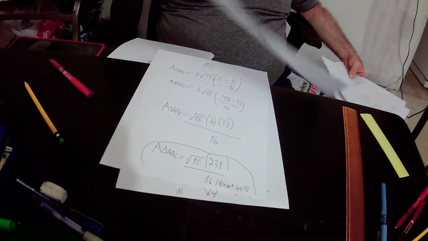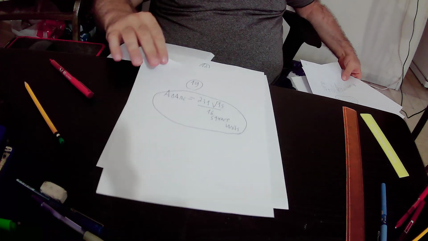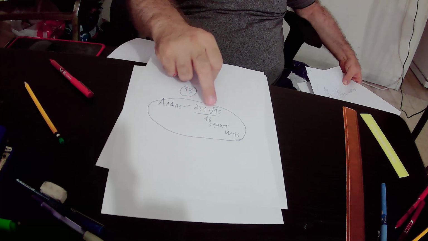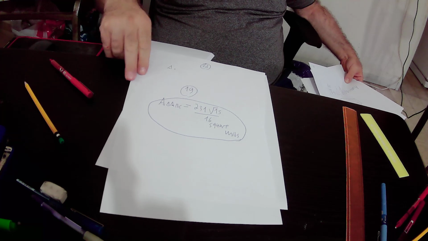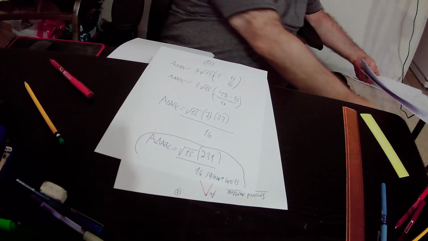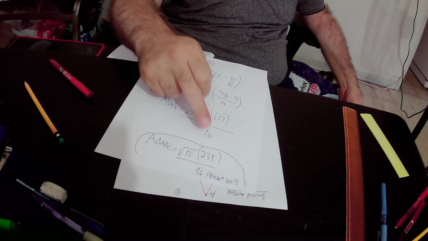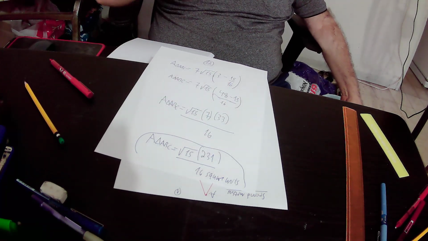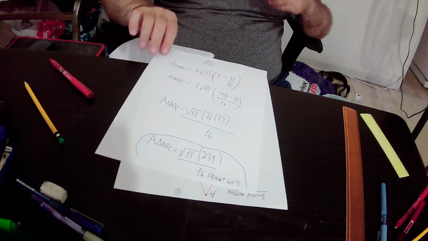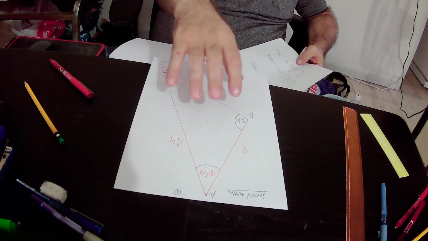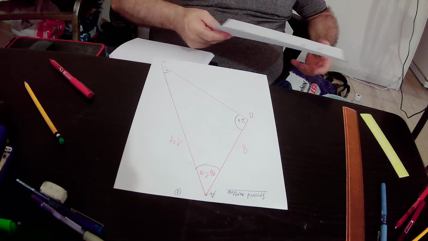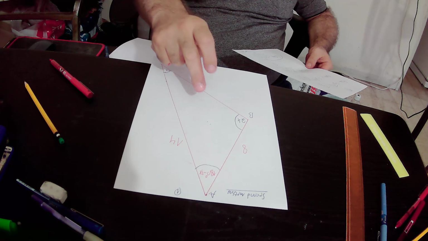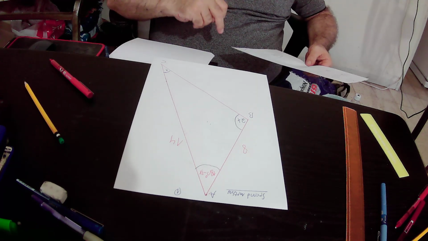In the first method, we also found out that the area of triangle ABC equals 231 times root 15 over 16 square units. So it is exactly the same result that we found here, that is 231 times root 15 over 16 square units. Okay, so again, the area of triangle ABC equals root 15 times 231 over 16 square units.